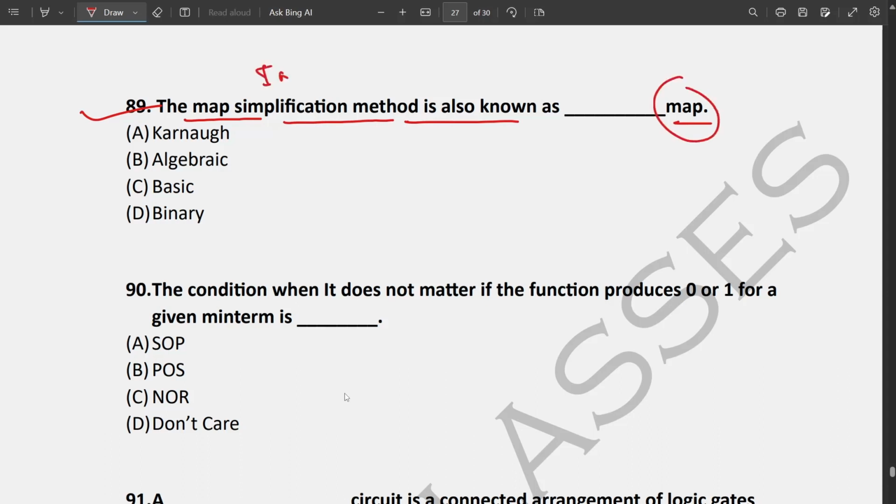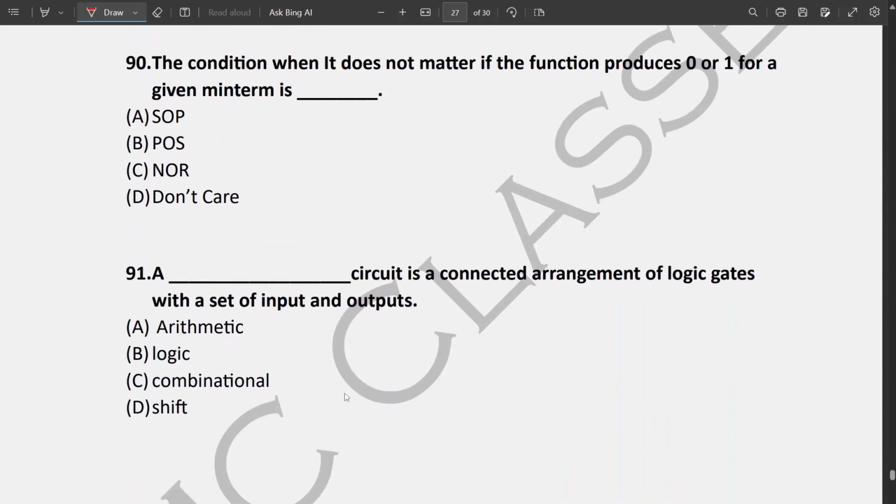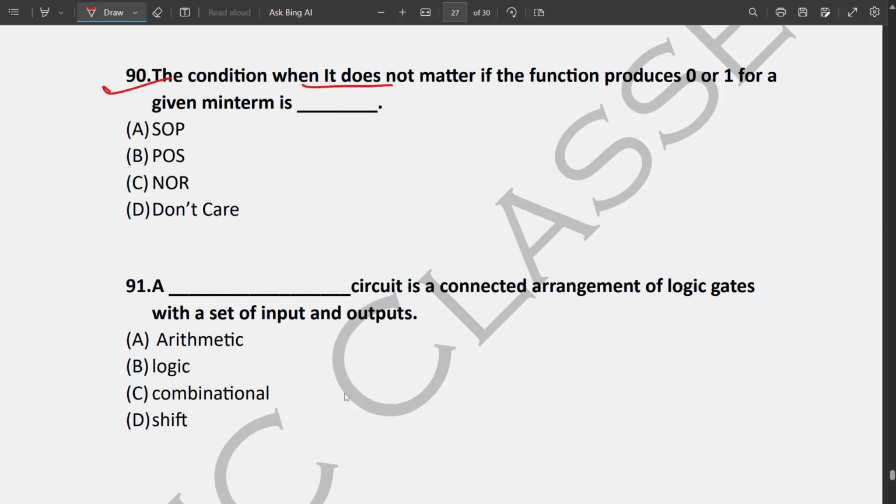This is a very important question, so note it down. The answer is option number A, Karnaugh map. The condition when it does not matter if the function reduces to 0 or 1 for the given minterm is, the answer is don't care. Option number D.